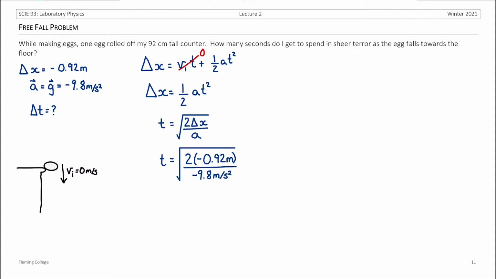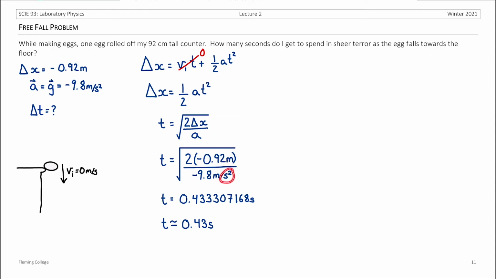Plugging this into our calculator, we will get the value 0.433307168. Evaluating our significant digits, we see that the egg takes approximately 0.43 seconds to reach the floor. Our units are seconds because we have meters divided by meters, which will cancel each other out.